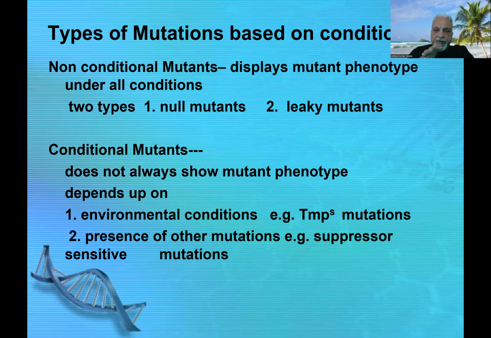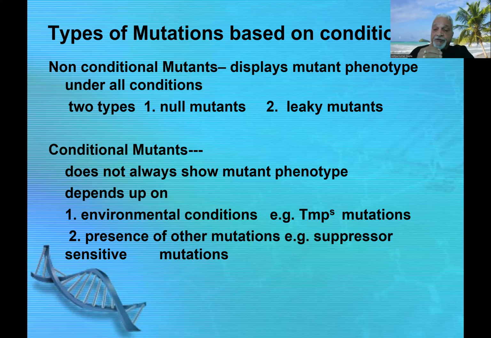So you have null mutants or null mutations and the leaky mutants or leaky mutations, depending on how strict, how strong the mutation is in controlling the phenotype. So it can be null or leaky.